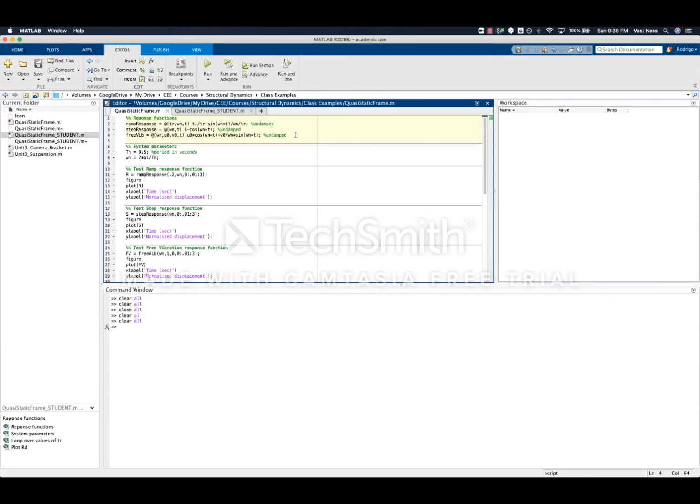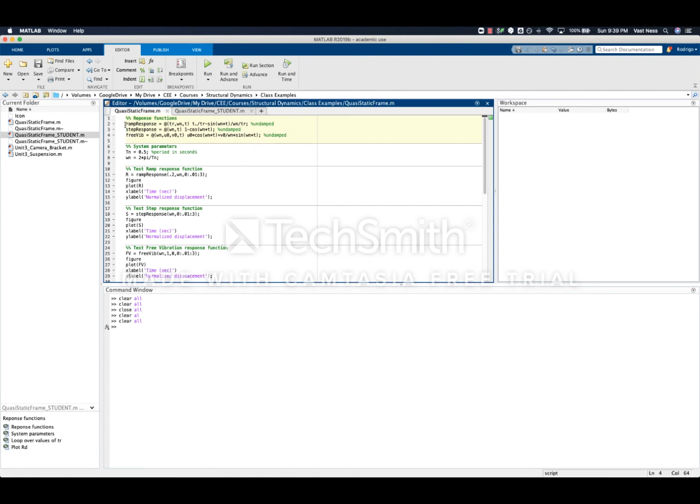Okay, so now let's hop over to MATLAB and complete the rest of the example. Now I've provided you a code very similar to this, but with some things left out for you to fill in. And the overall goal here is to use a combination of ramps, steps, and free vibration to get to the more complex loading function that you have in the exercise.